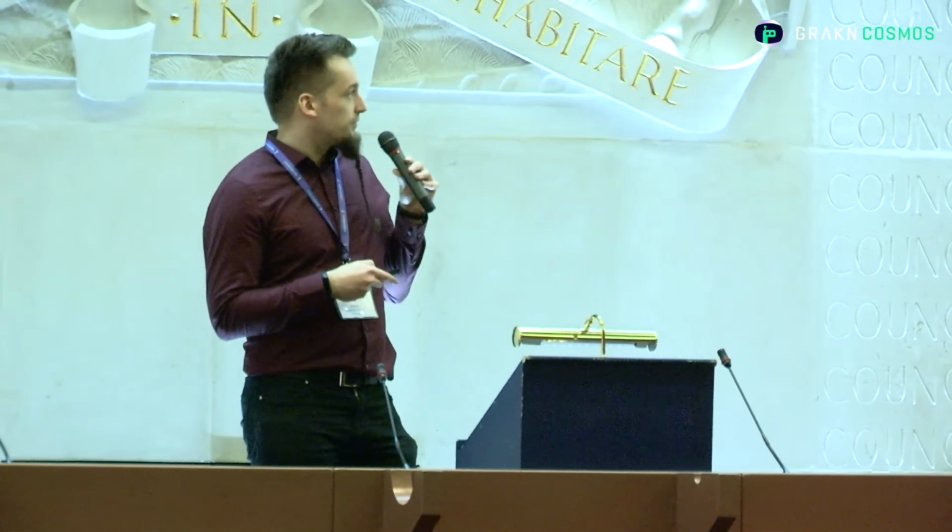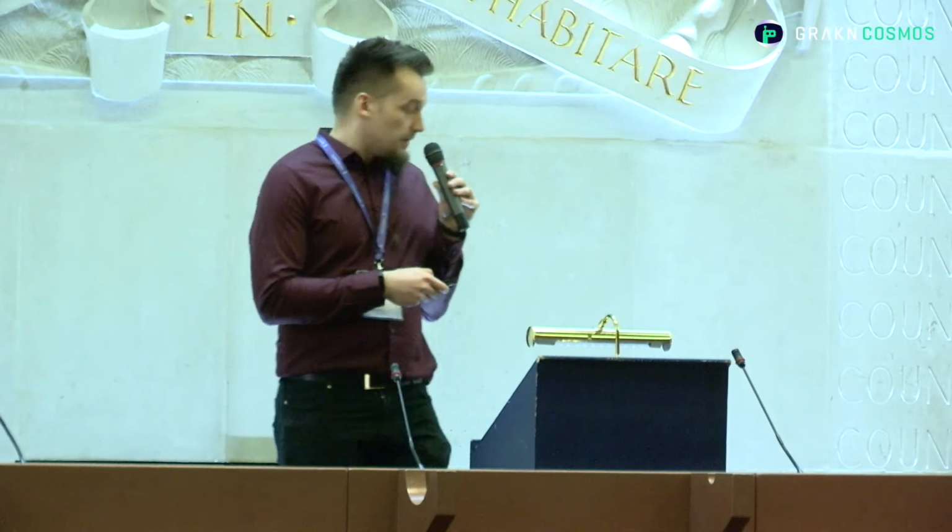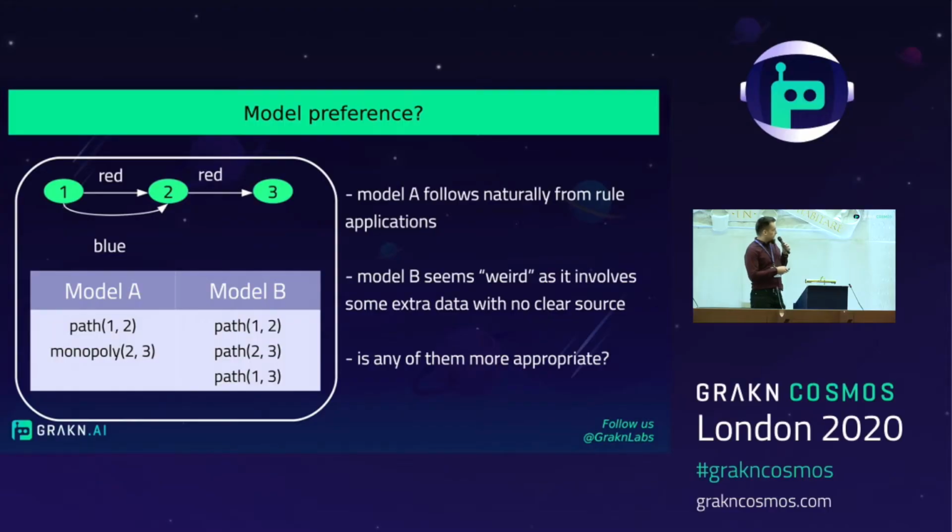So what do we do with this fact, how do we deal with it? First, let's look in more detail at the models we have. The first model follows quite naturally if we just substitute the information we have into our clauses.